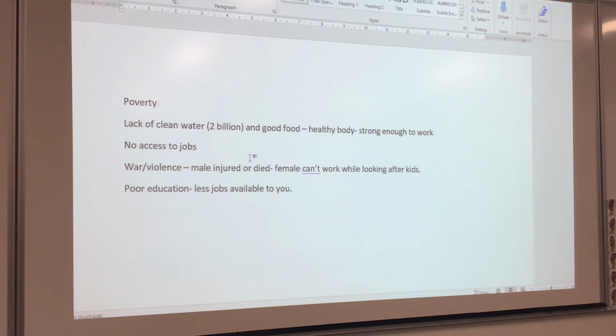Why do I want statistics? Annabelle? Because it shows that you've done research and that they're like facts. Yeah, absolutely. It shows that I've done research. It shows that it's factual. What else, Christian? It also makes the person want to read more. That's true. It could actually grab your audience and make them want to continue reading your piece of writing.